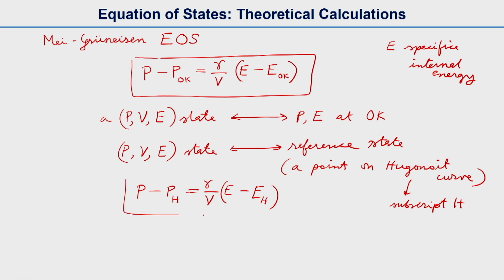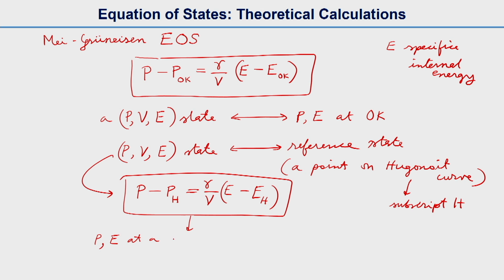So this means that we showed this equation, but this means the pressure and specific internal energy at a point off the Hugoniot curve relate to a point P and E on the Hugoniot curve.